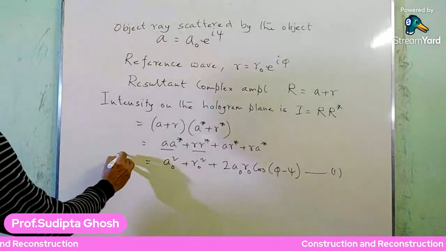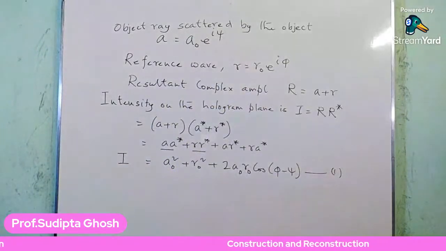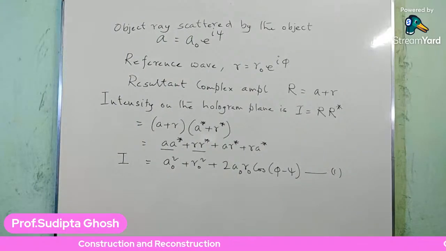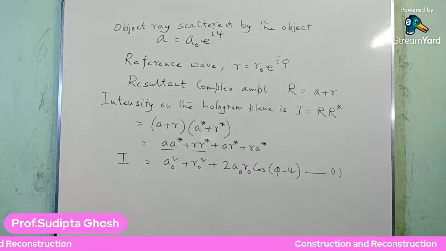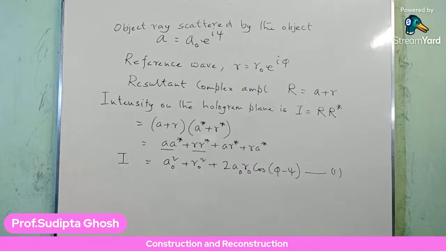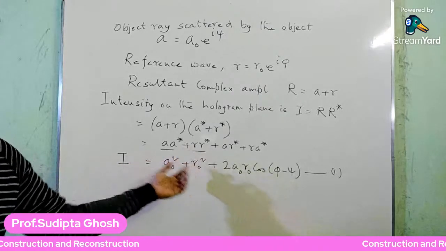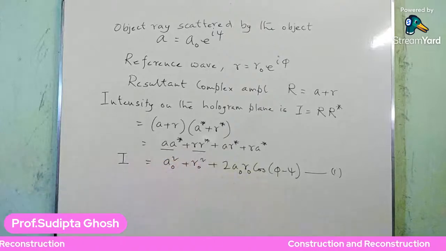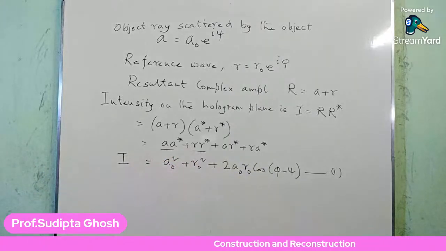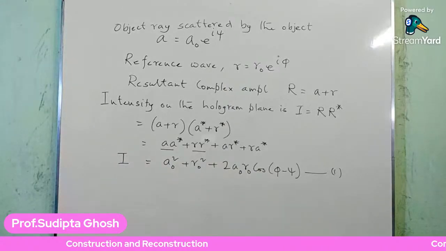So this is the intensity on the hologram plane. Here we can find that the resultant intensity is the sum of two intensities, that is A0 square plus R0 square, and the interference term contains relative phase information.